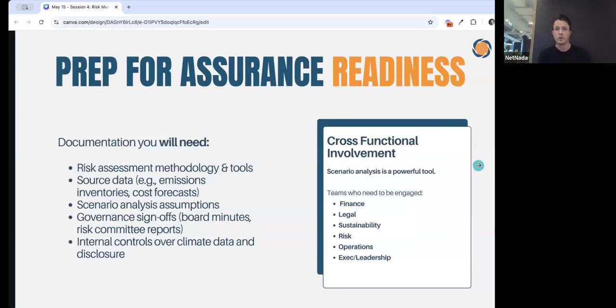So, the prep for assurance readiness, sorry. With climate disclosures becoming mandatory, limited assurance in year two, and reasonable assurance in year three, companies really do need to start preparing now. Assurance readiness means building systems, controls, and documentation that allow auditors to verify your climate-related disclosures with confidence. This includes maintaining really clear data trails.